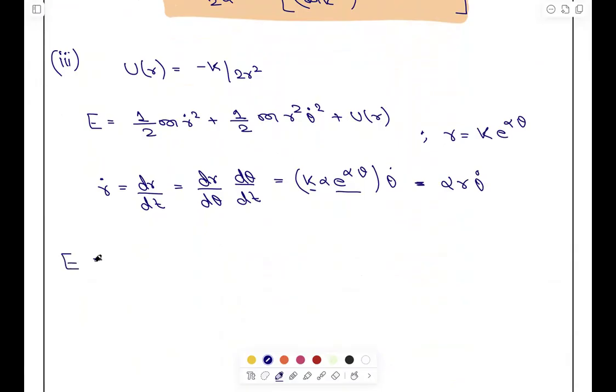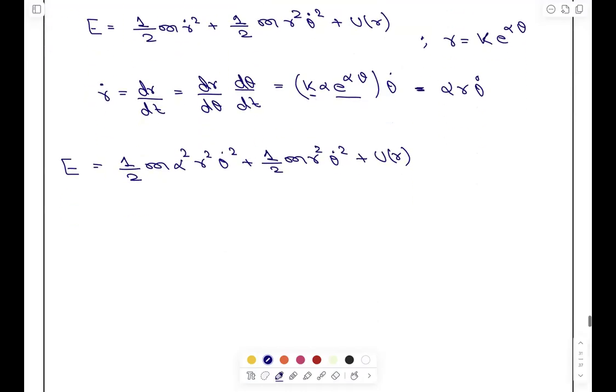So E will become half into m alpha square r square theta dot square plus half m r square theta dot square and U(r). Keep U(r) as it is as of now. So I can write here, this will become half into m alpha square plus 1 r square and theta dot whole square plus U(r). Now put the value of everything.